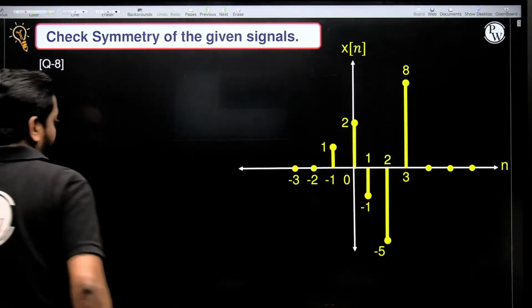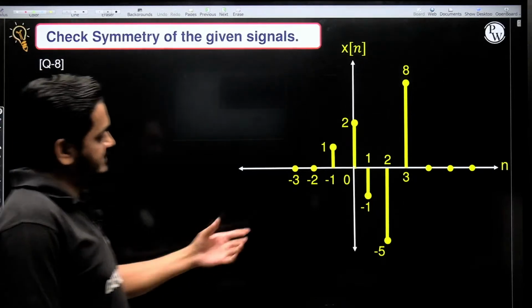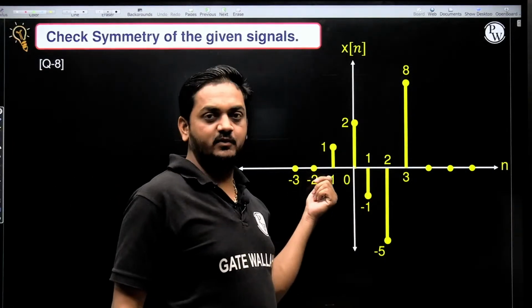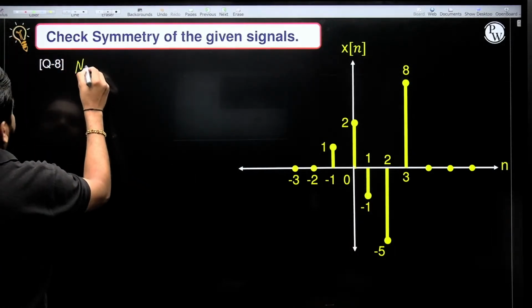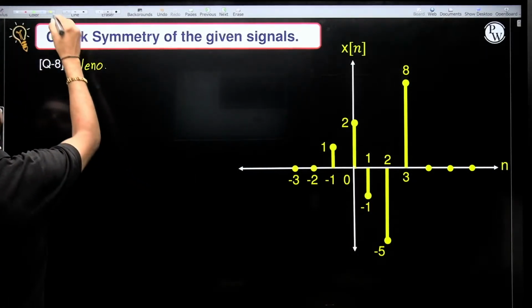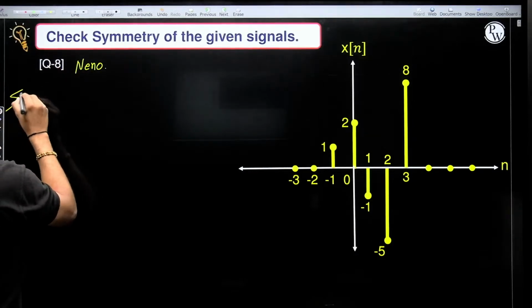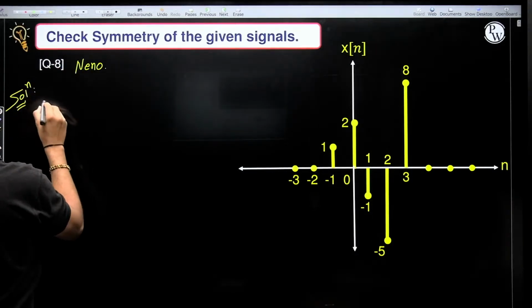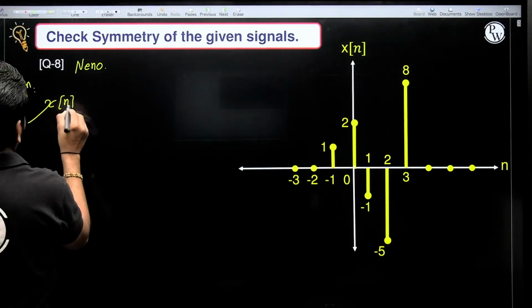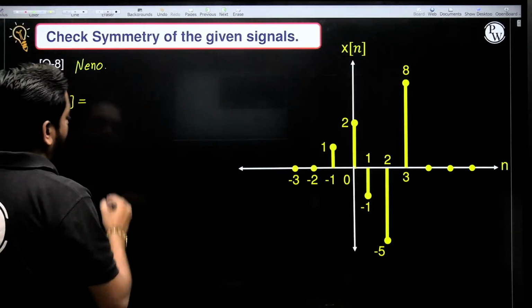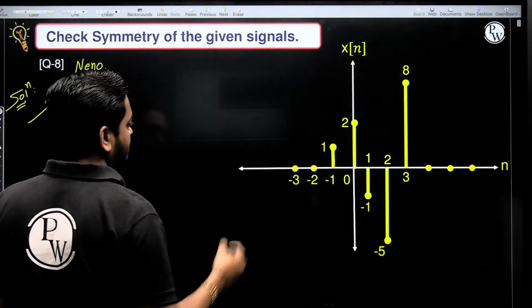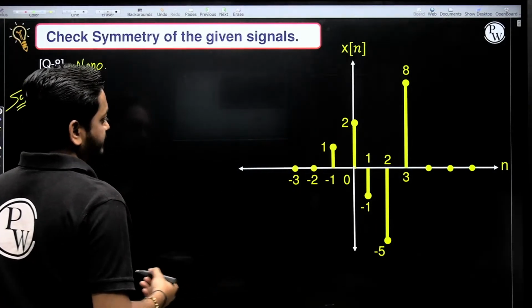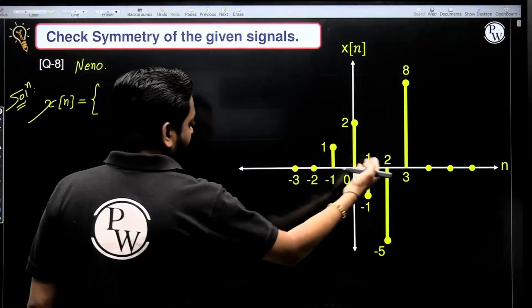So odd signal or even signal, or neither? Right side 3 samples, left side only 1 sample. Of course it's neither. Here the given signal is neither even nor odd. So you can write this in sequence format. X of n is equal to. First sample should be non-zero, last sample should be non-zero. Prefer left hand side, right hand side equal number of samples.